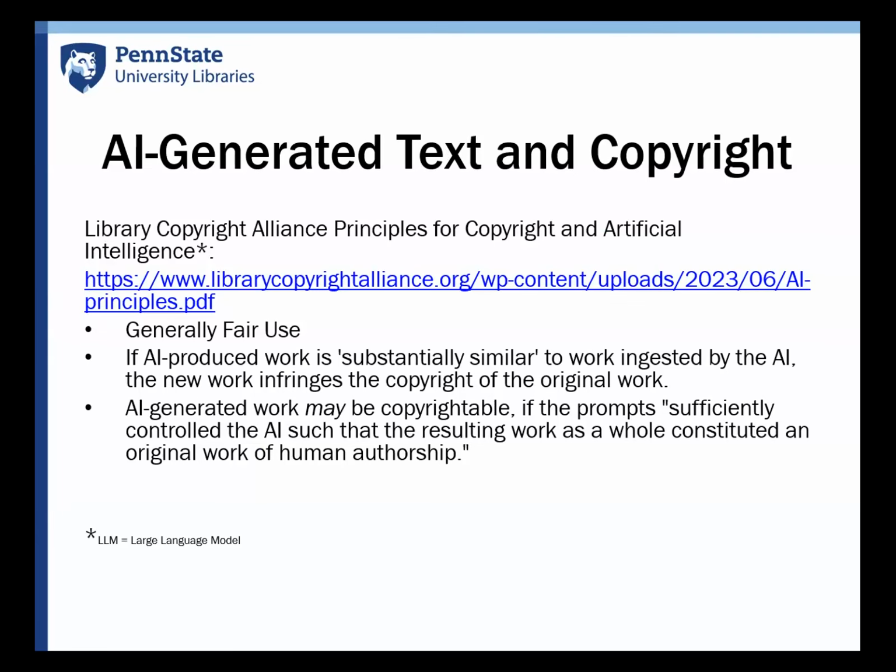One of the first things, though, that I did want to share with you all is that copyright has been mentioned a few times in the presentation already. And I think that's one of the areas where people have probably the most questions. So I'm going to try to throw this link into chat for you all. This is from a resource from the Copyright Alliance and in collaboration with the American Library Association.